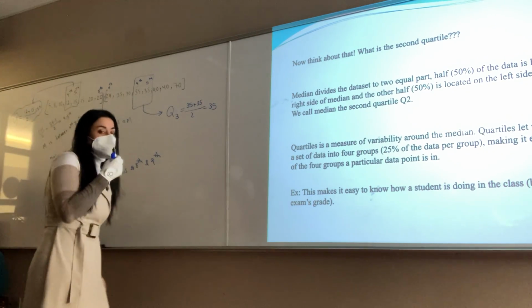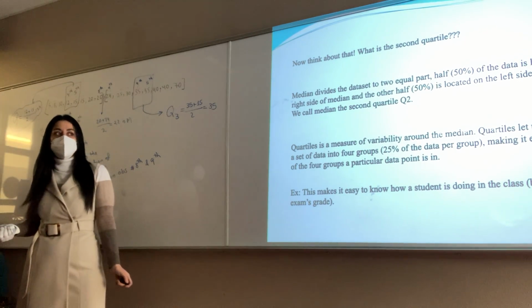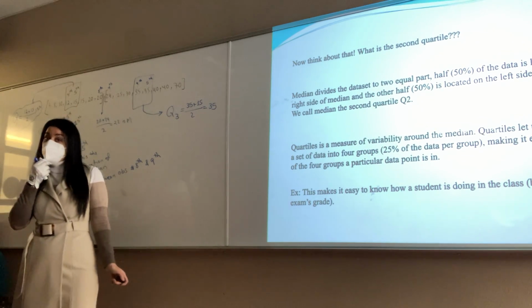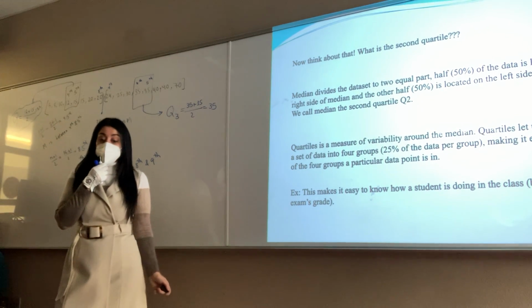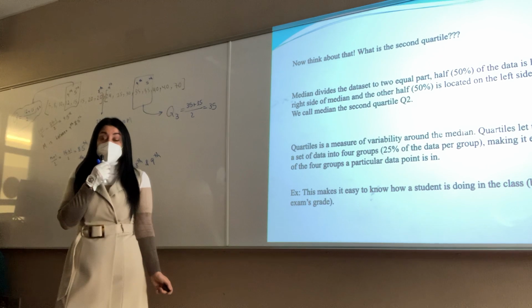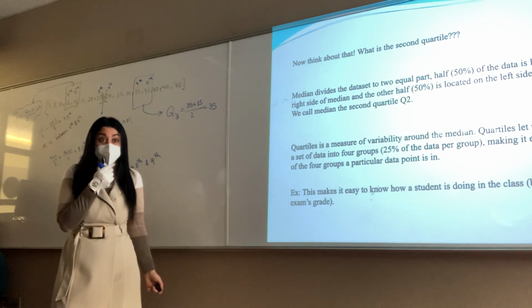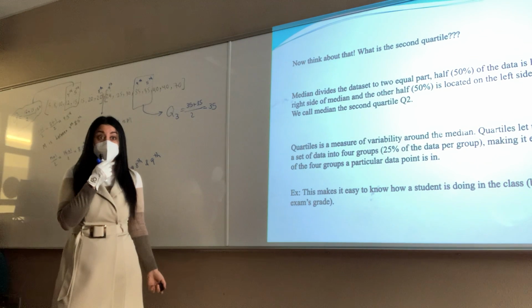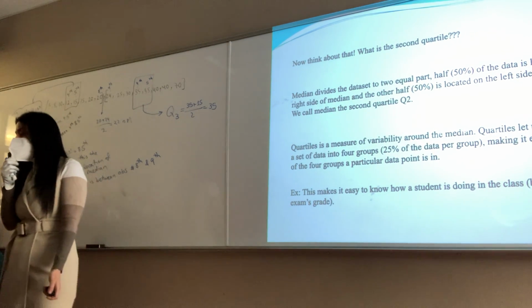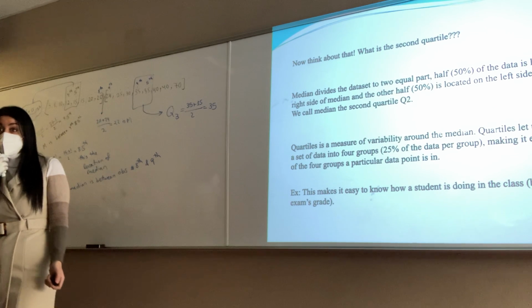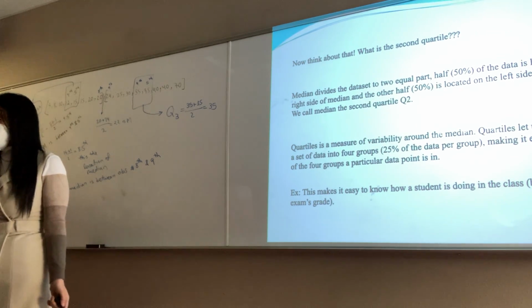Okay, so in this way I can say, for example, about a student's exam grade, I can say, oh, this student's grade is in the top 25% of the grades in my classroom, right? I can say, oh, this student's grade was not good. It's in the bottom 25% of the class.